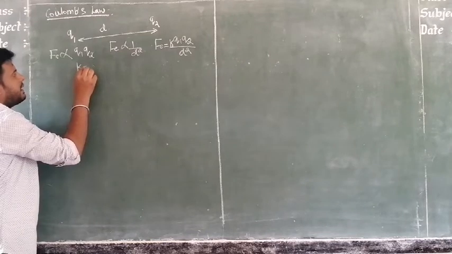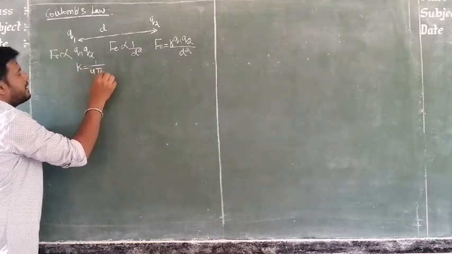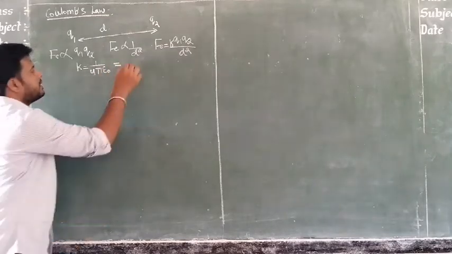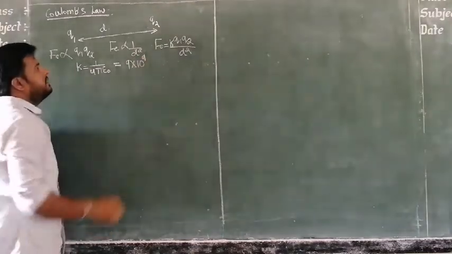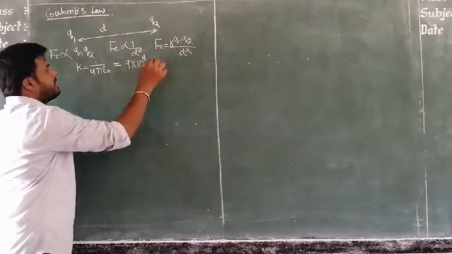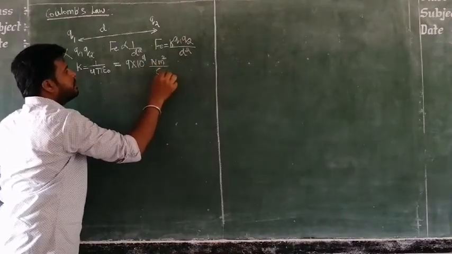I can write K equals 1 by 4 pi epsilon naught, which is equal to 9 into 10 to the power of 9. K has the unit Newton meter square divided by Coulomb square.